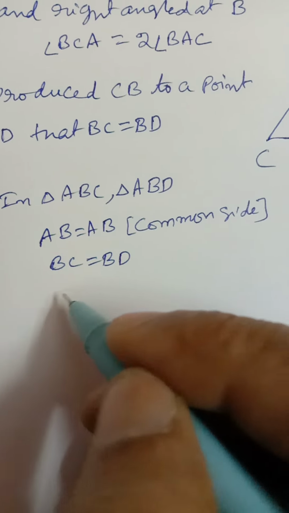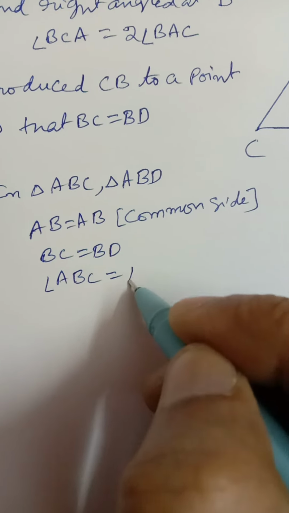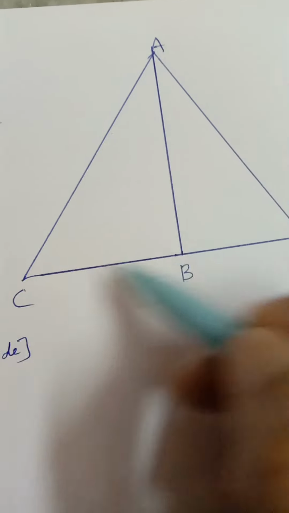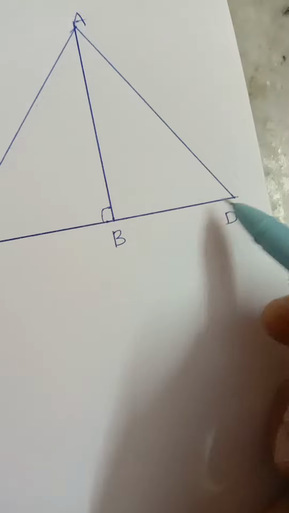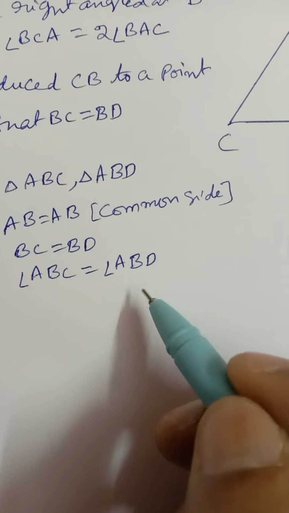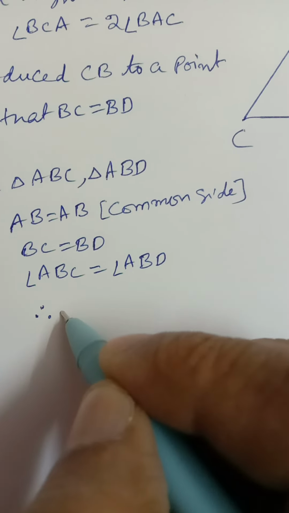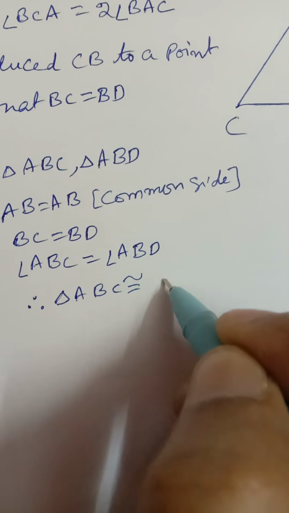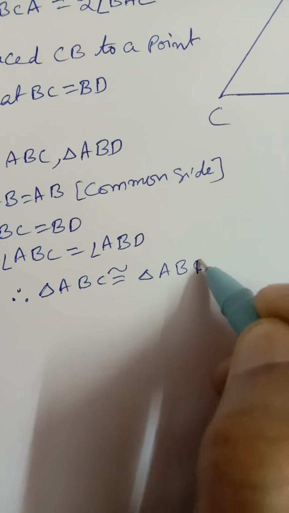Angle ABC is equal to angle ABD, since angle ABC is 90 degrees and angle ABD is 90 degrees. Therefore, triangle ABC is congruent to triangle ABD.